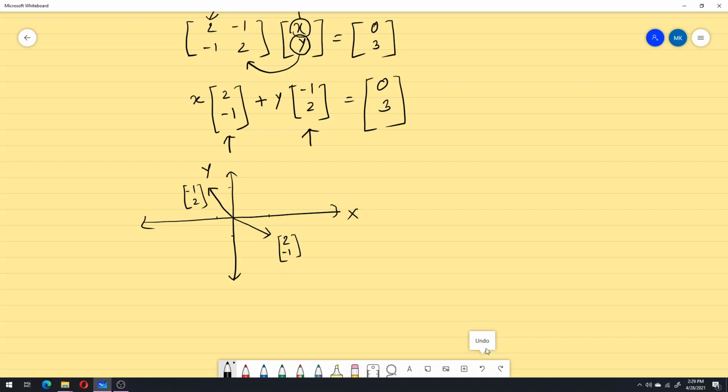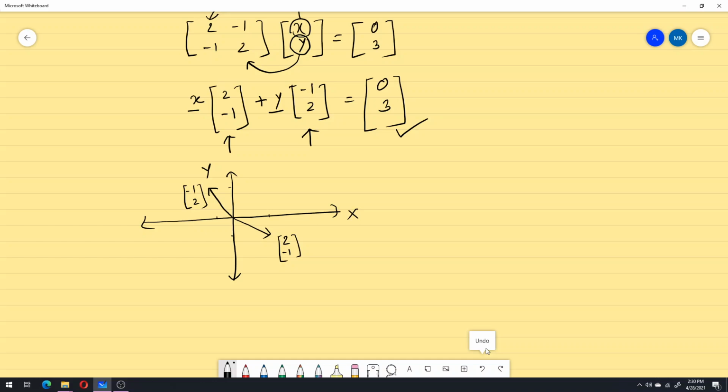Now I have to find one combination of x and y so that it gives me this result, this solution 0, 3. So what should that combination be?